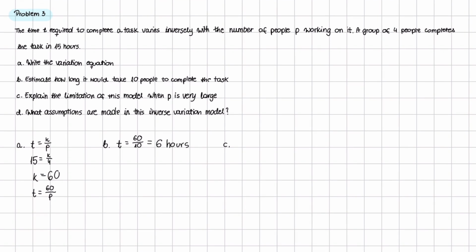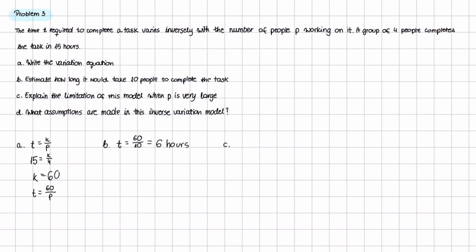C. Explain the limitation of this model when P is very, very large. So, in order to do this point, we just need to calculate it. So, for example, we can divide our 60 by a very big number that you can type on your GDC, and you will see that our answer is very, very small.